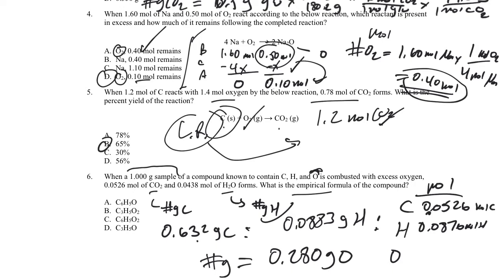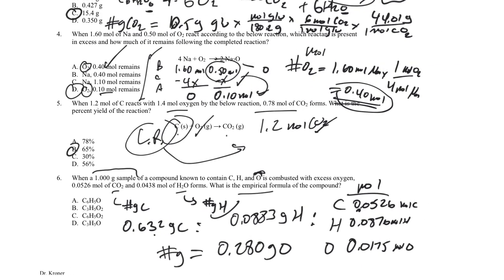And then oxygen, 0.280 divided by 16 is 0.0175 moles of O. And then which of those is the smallest? Looks like the O. So we'll divide all of them by X, where X is equal to the number of moles of oxygen, so divide all of them by 0.0175. So 0.0526 divided by 0.0175 works out to 3.